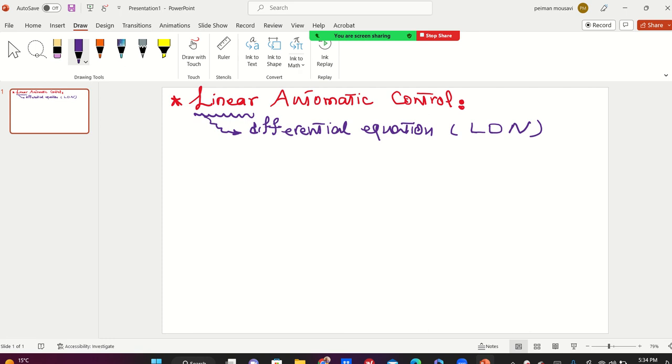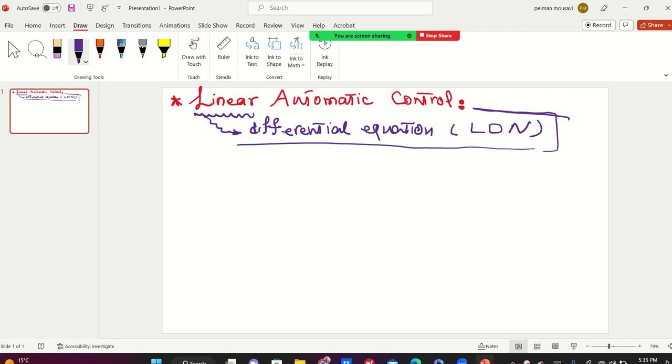On the other hand, if you want to control a mechanical system, a thermal system, electromechanical system, fluid system, whatever, airplane, satellite, robot, first you have to derive this differential equation. At the undergraduate level it is an ordinary differential equation; sometimes it's a partial differential equation in very high level control in graduate and postgraduate research.